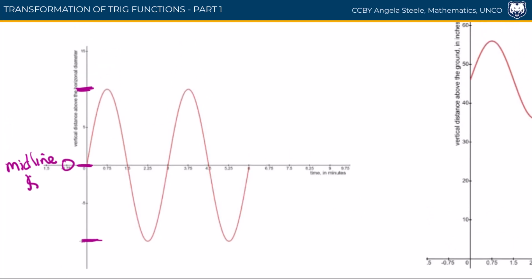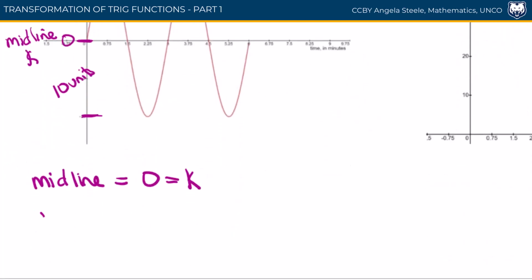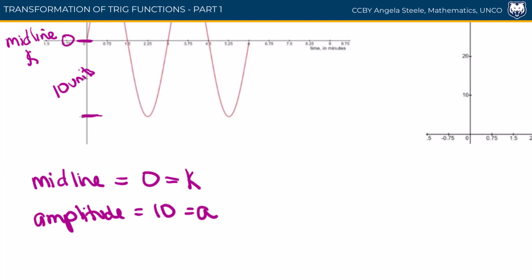And so from the midline to the peak is going to be 10 units. And then also from the midline to the bottom of this valley here is also going to be 10 units. And so that means that our amplitude is going to be 10, which is going to be our a value.